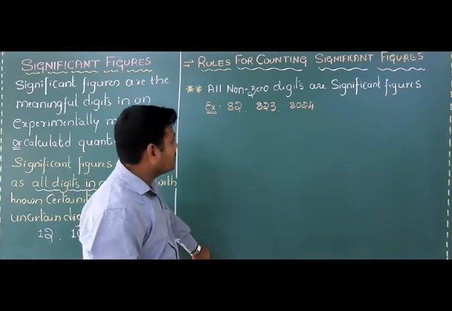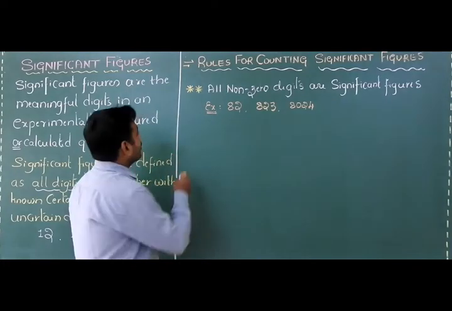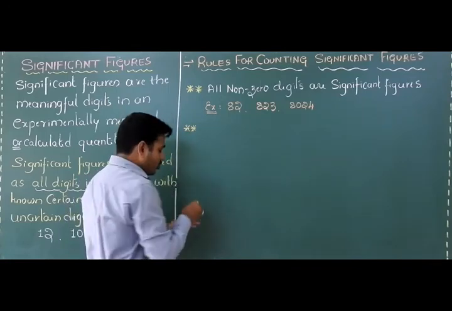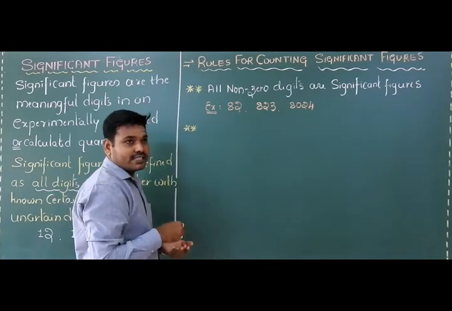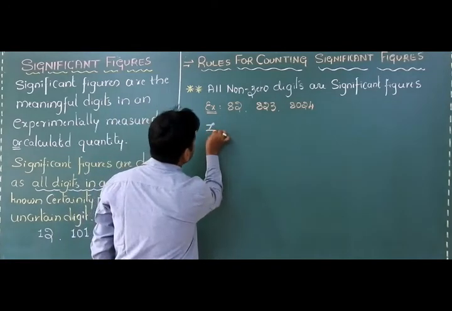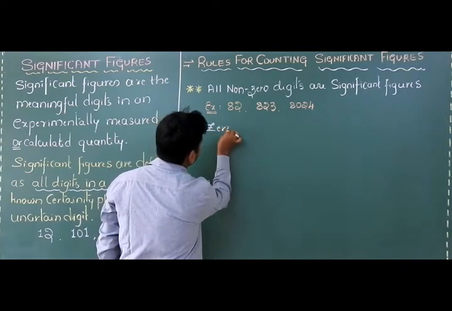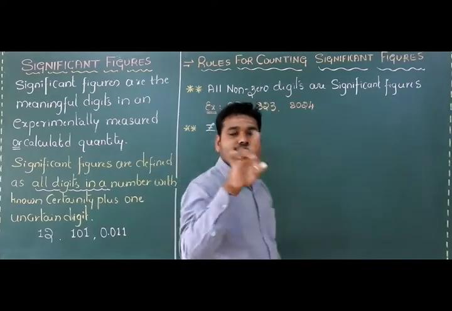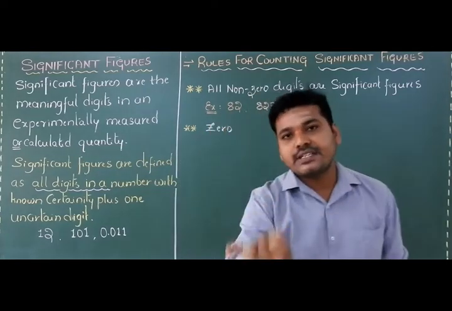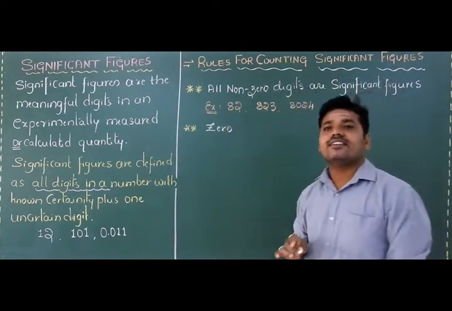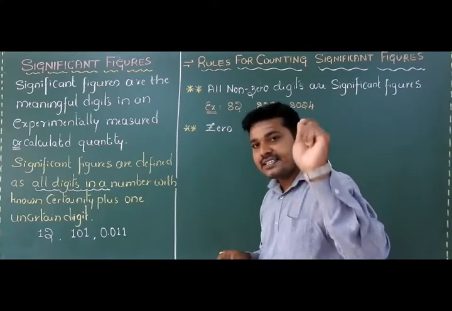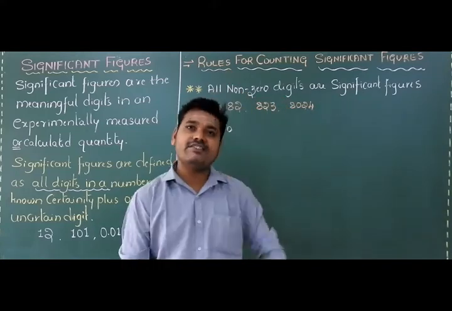Now coming to the second very important rule. The second important rule is related to zeros. Zeros are sometimes counted as significant figures, and sometimes they are not counted as significant figures, students. The second important rule is related to the zeros in a given number.